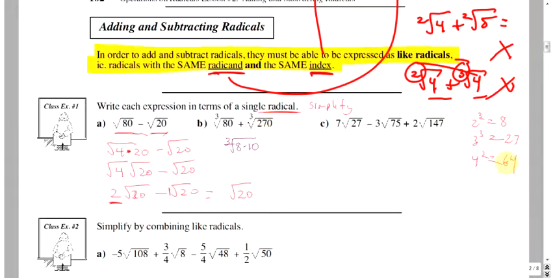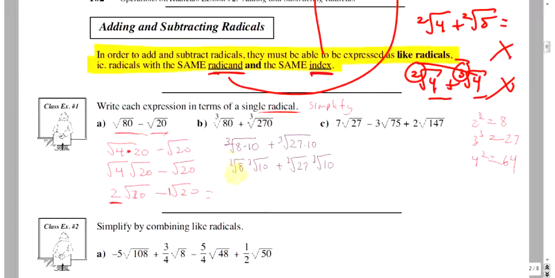270. Which one of these goes in 270? Am I going to have a root 10 in here? Well, that would be handy, wouldn't it? Let's find out. This is the same as cubed root of 8 times the cubed root of 10. This is the same as the cubed root of 27 times the cubed root of 10.